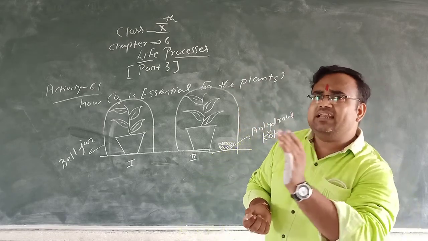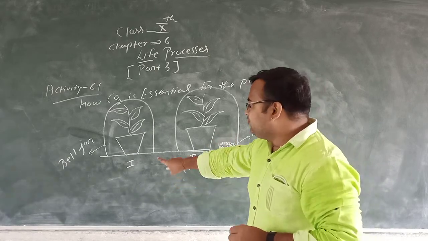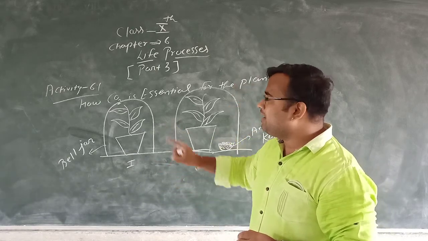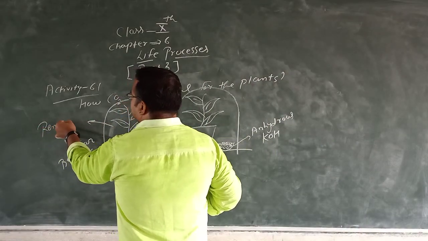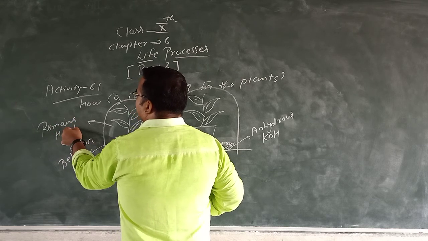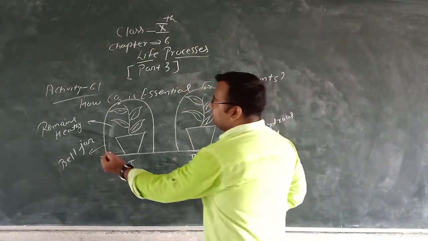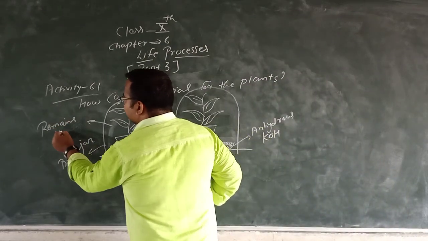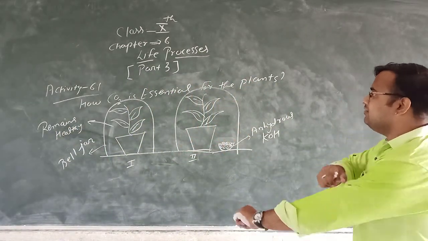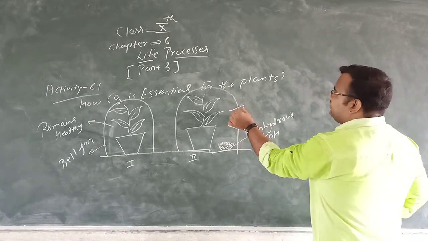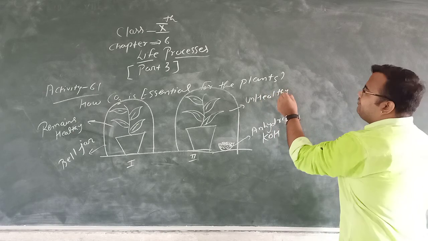After 2 or 3 days we will come again and see the observation. In case of the first plant, the first plant remains healthy. But in the second plant, we observe that this plant is unhealthy after 2 or 3 days.